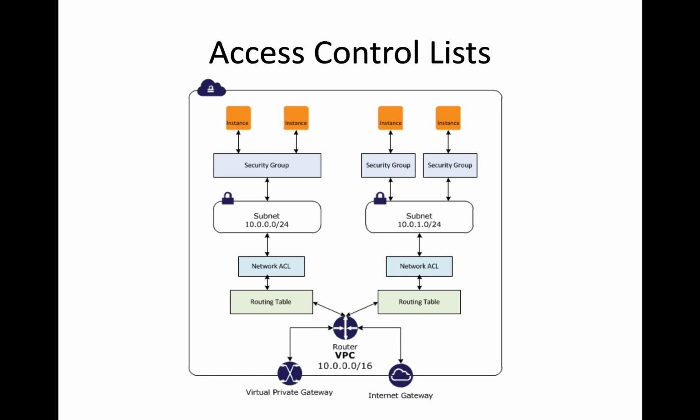It's going to determine which subnet it should route that traffic to. Each subnet has its own network ACL, its own network access control list, which is going to determine what traffic, what data can go in and out of that particular subnet. And remember, by default, it's going to allow all traffic in and out. There's no restrictions in place.